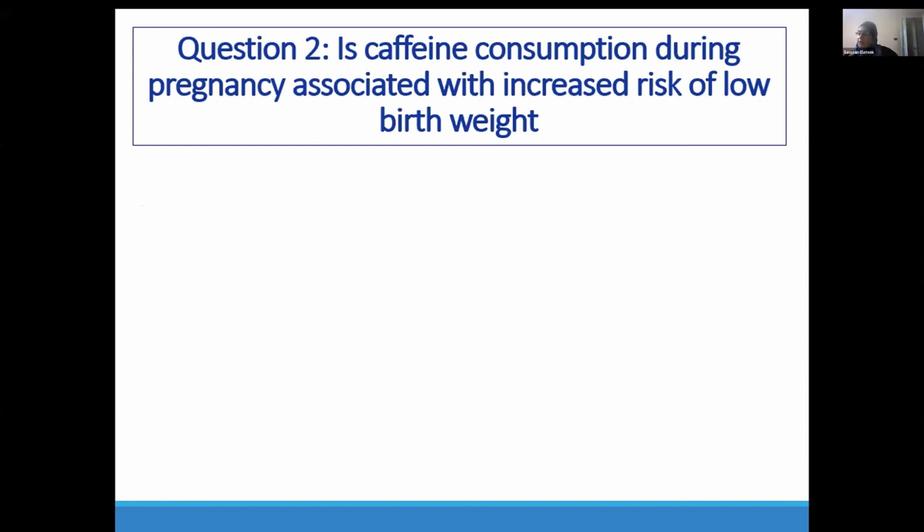And low birth weight is going to be the outcome. Excellent, thank you very much. And the study hypothesis would be that I am assuming that consumption of caffeine would affect the birth weight of babies. This is my hypothesis.